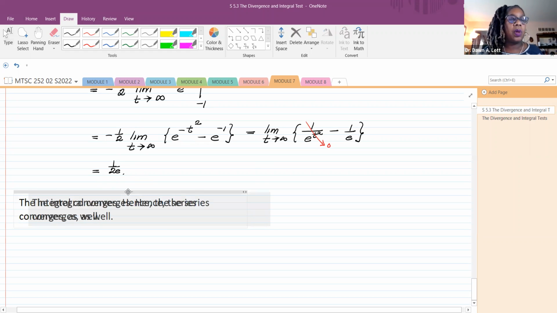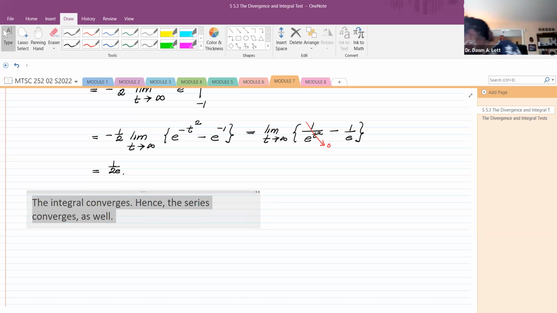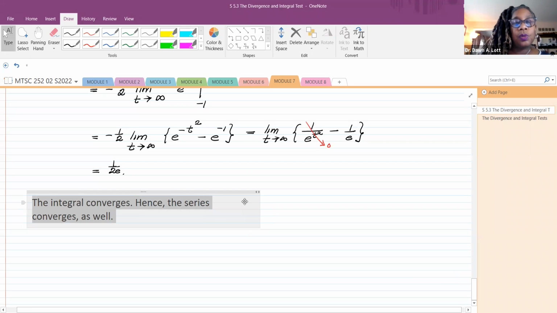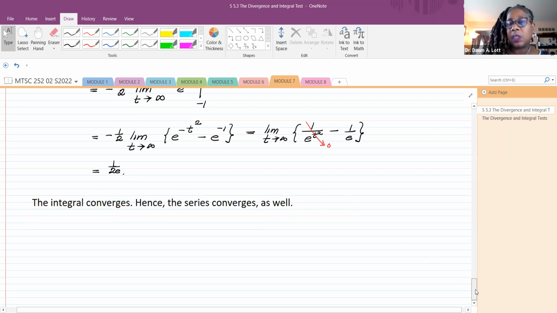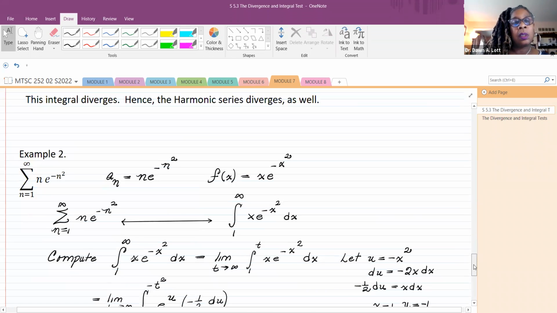Okay, so here is one where you can clearly see that the integral test is going to give you a relationship between the series. Here's the relationship between the series and the integral. Whatever the integral does, the series is going to do it right behind it. Okay? Any questions about that?